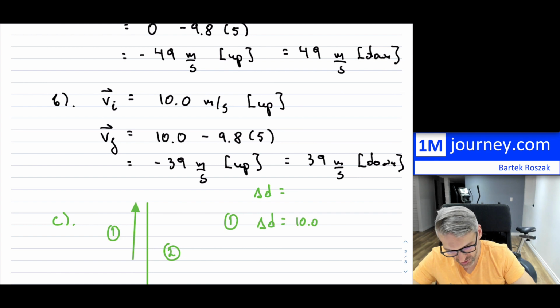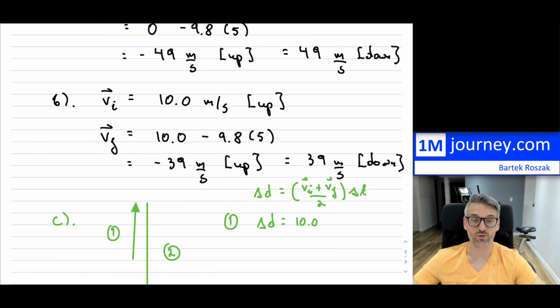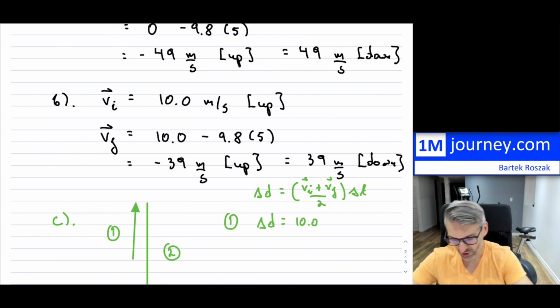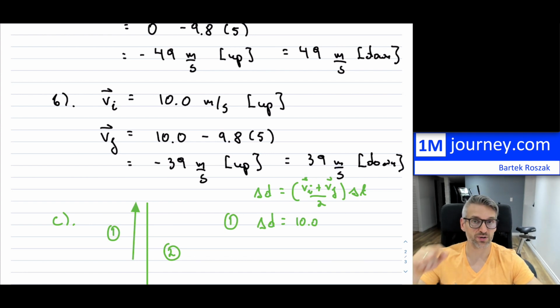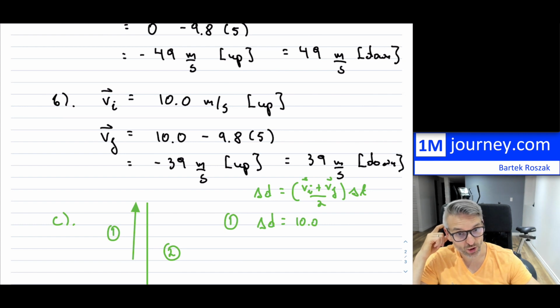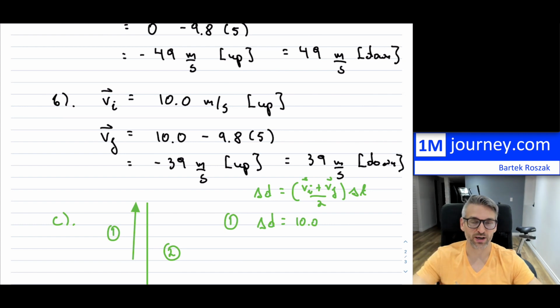I can use the equation where I have my V initial plus V final divided by 2 times delta t. I can use that because I know delta t, that it takes about 1 second to go from here to here. I do know my initial, and I do know my final. Well, my final was actually 0. So that's not a big deal.